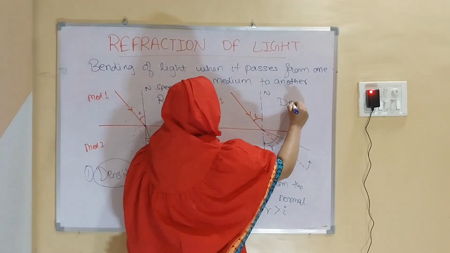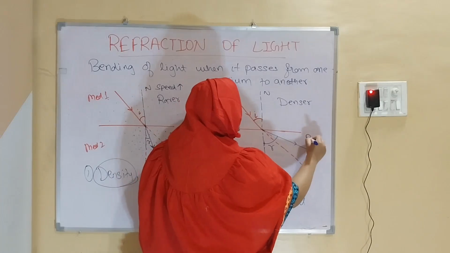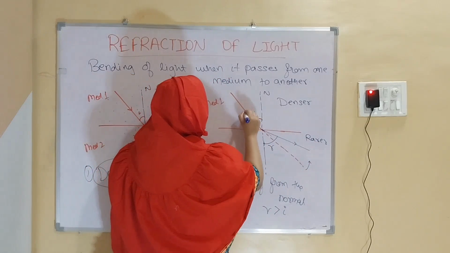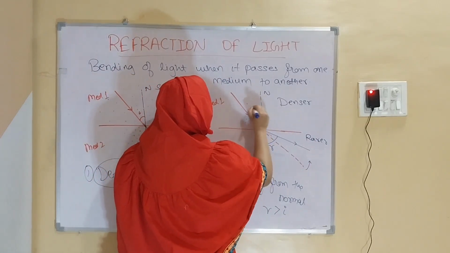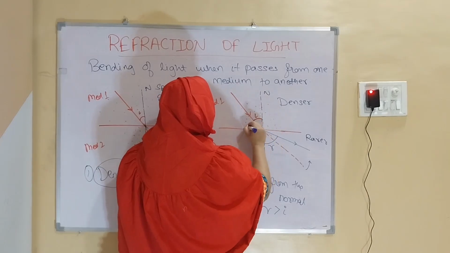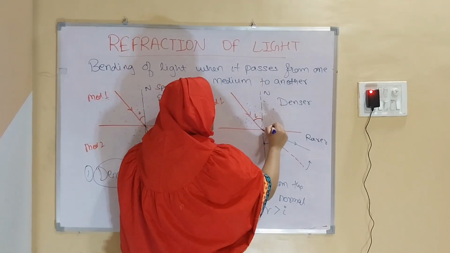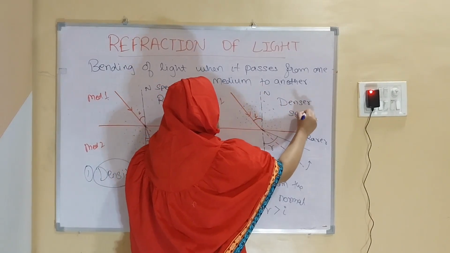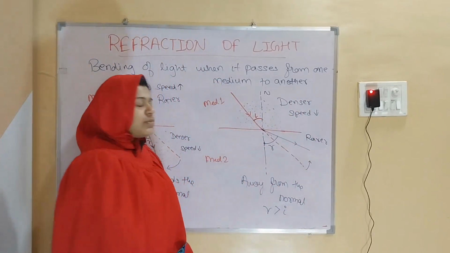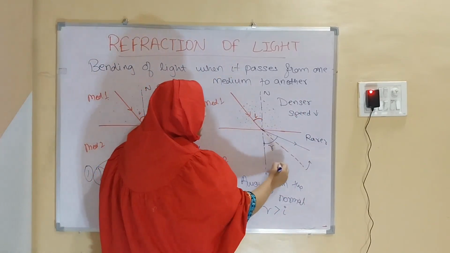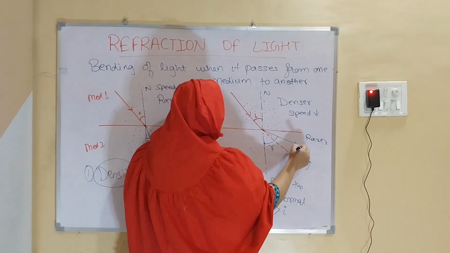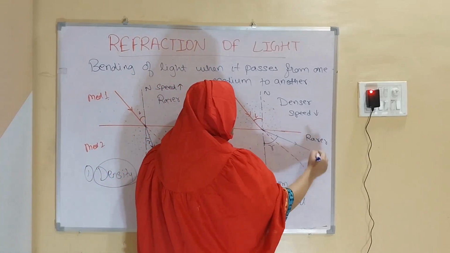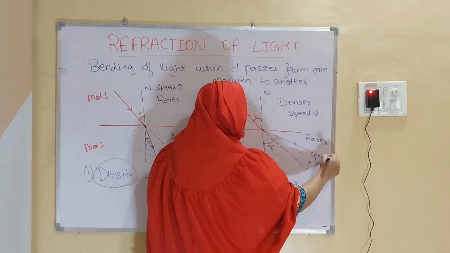सिमिलरली अगर लाइट डेंसर मीडियम से रेरर मीडियम में जाती है, ठीक है, in the denser medium the particles of a denser medium बहुत पास है, तो पास होने की वजह से speed of light is very less, and in a rarer medium the particles are far away, so the speed of light is more.